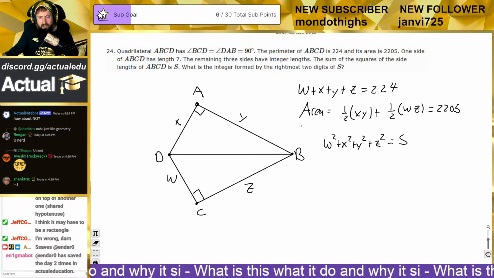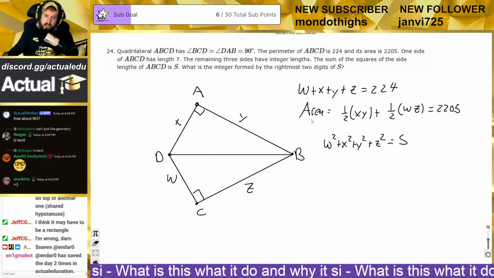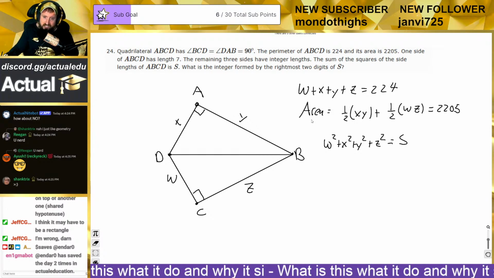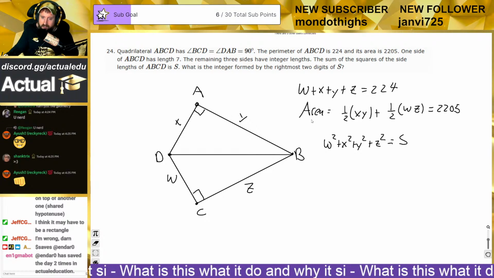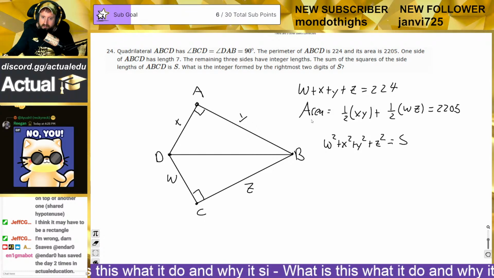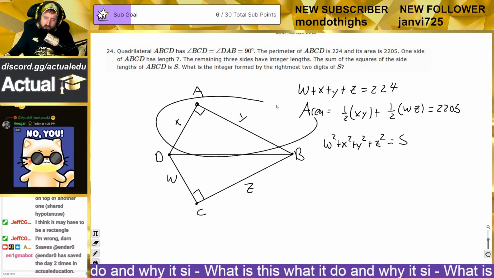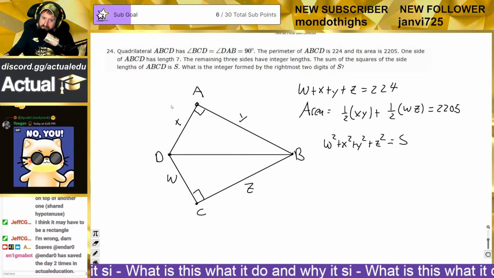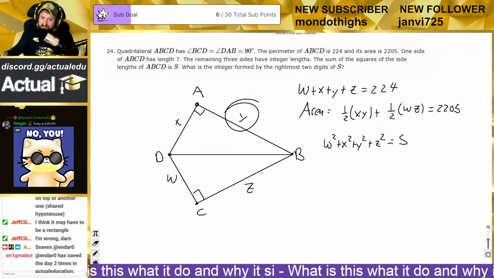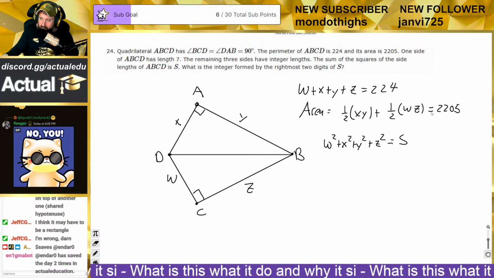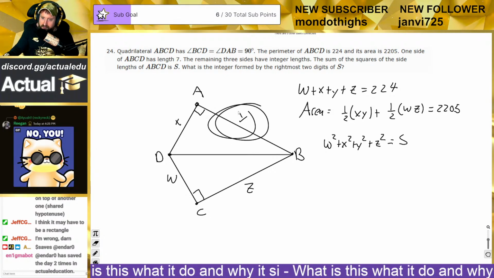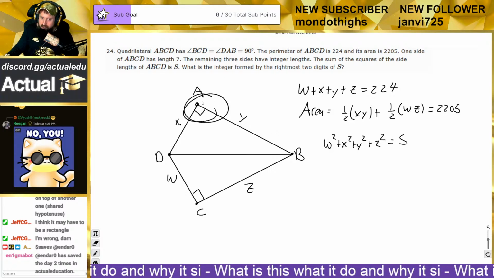Okay. Something has to do with this side length being 7. I feel like these triangles have to always be the same. I feel like this has to equal this, and this has to equal this. I'm trying to imagine a situation where they don't. Because if I make this longer, then I would change this angle.